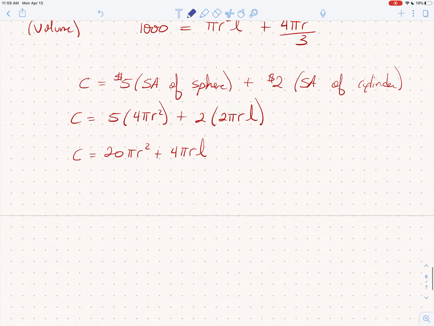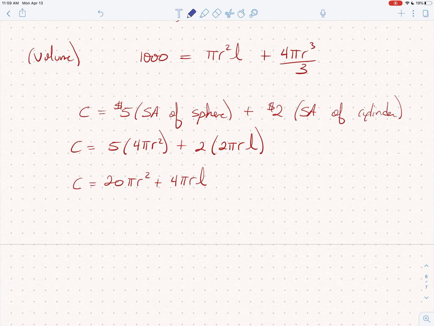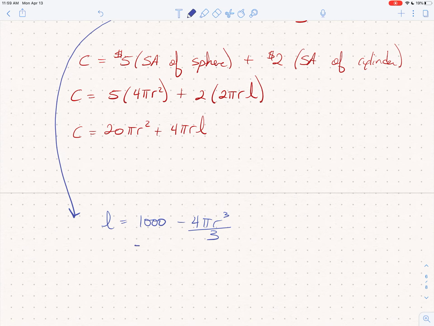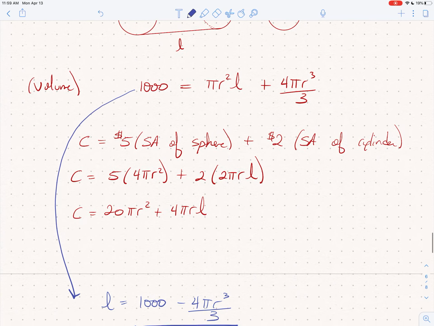So I should pick a color. I'm going to solve for L, and I'm going to see that L is going to be 1,000 subtract 4 pi r cubed over 3. And then we're going to need to divide by the coefficient in front of L. So divide by pi r squared.